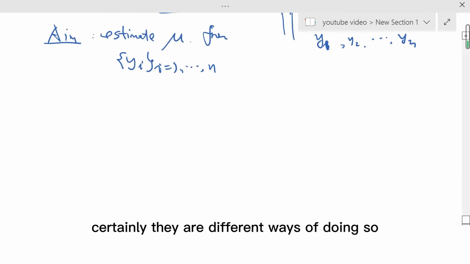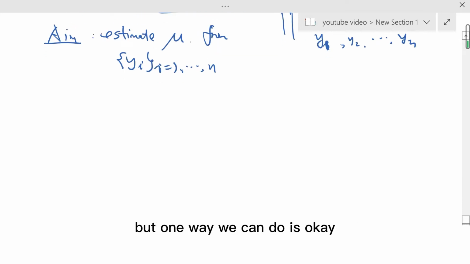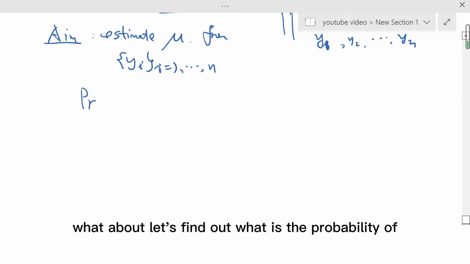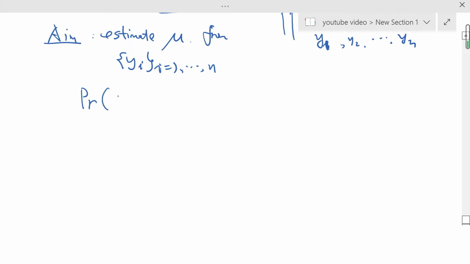Certainly there are different ways of doing so, but one way we can do is, okay, let's find out what's the probability of observing these samples.